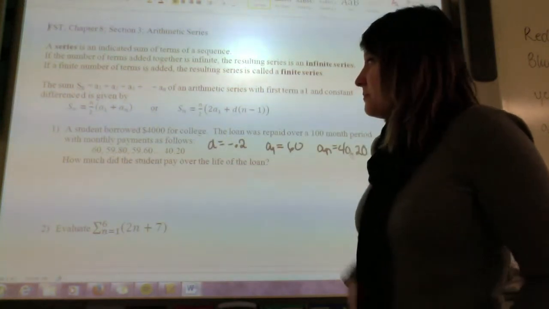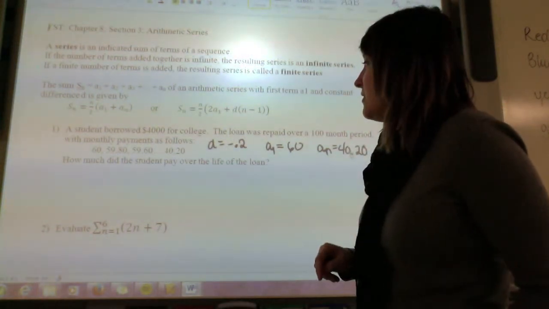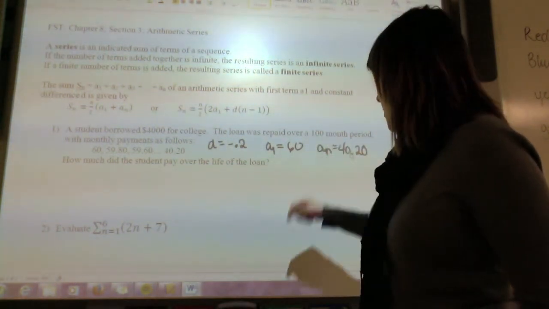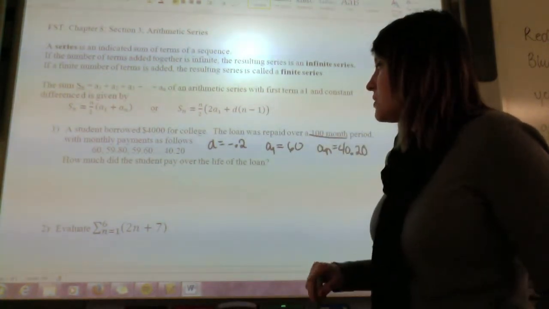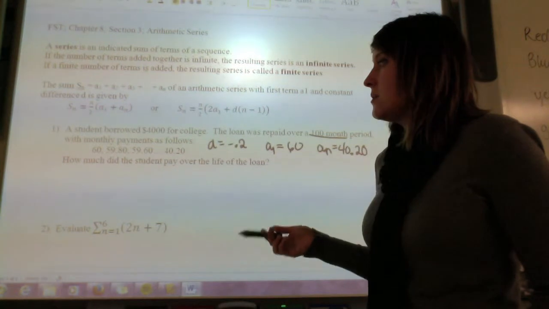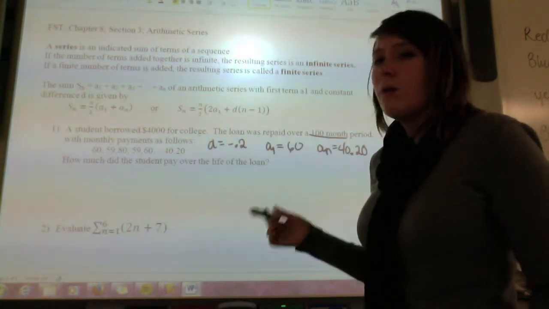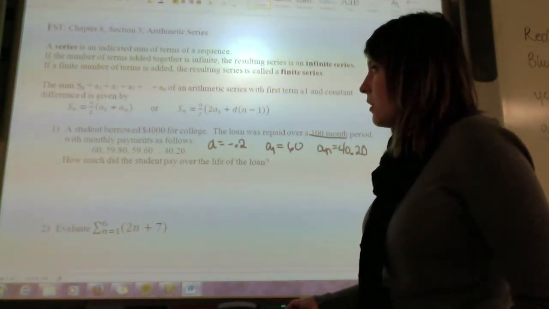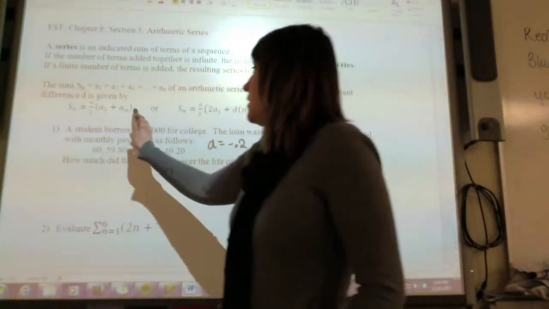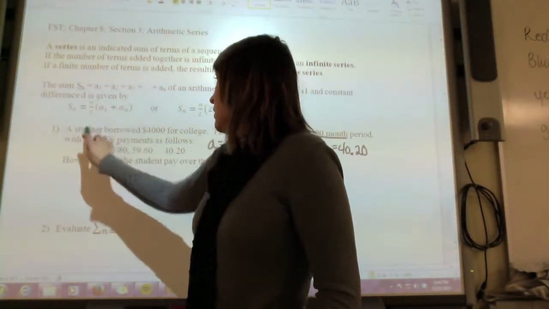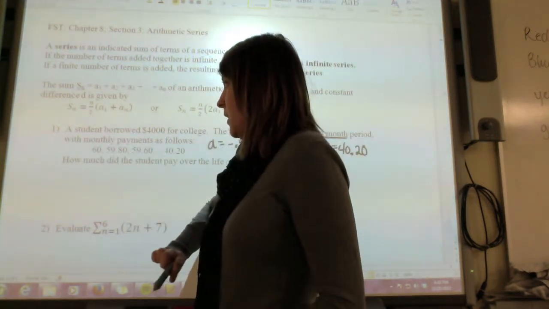So if I want to calculate the life of the loan, I know that it was paid over a 100-month period, so my series has a total of 100 terms. I personally think it would be easier to use this formula because I know my first term and I know my last term.